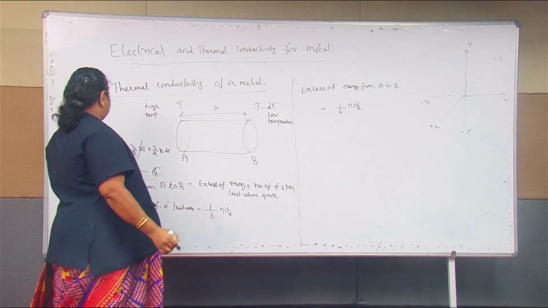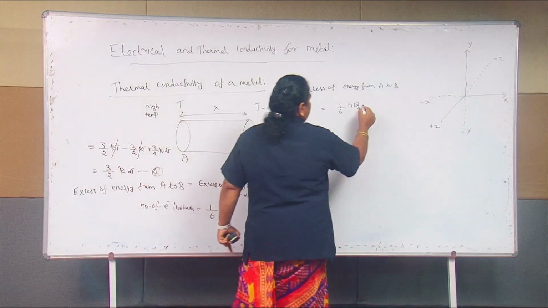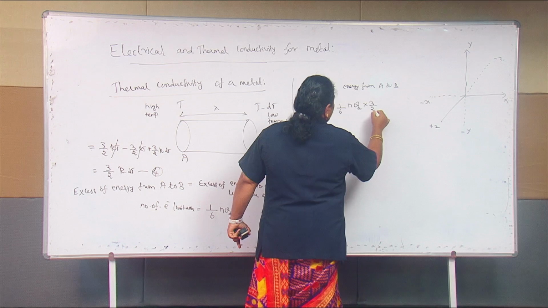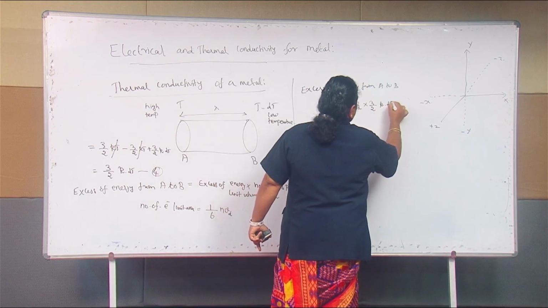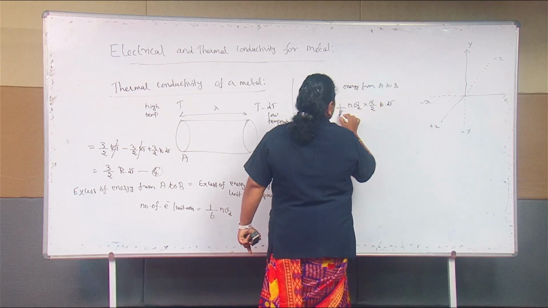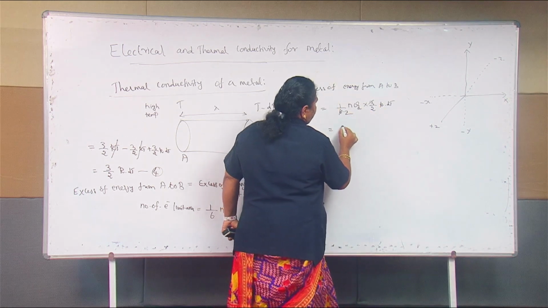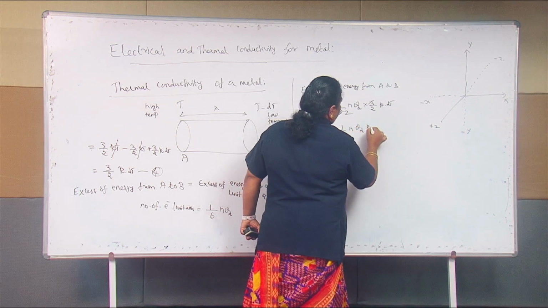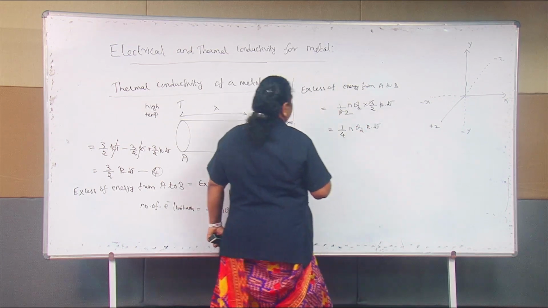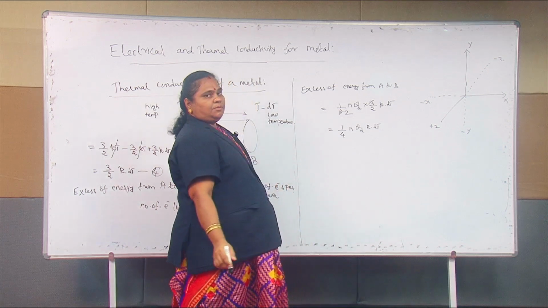So 1 by 6 n Vd, multiplied by 3 by 2 k into dt. So the expression we are getting is 1 by 4 n Vd k into dt. This is the excess of energy from A to B.